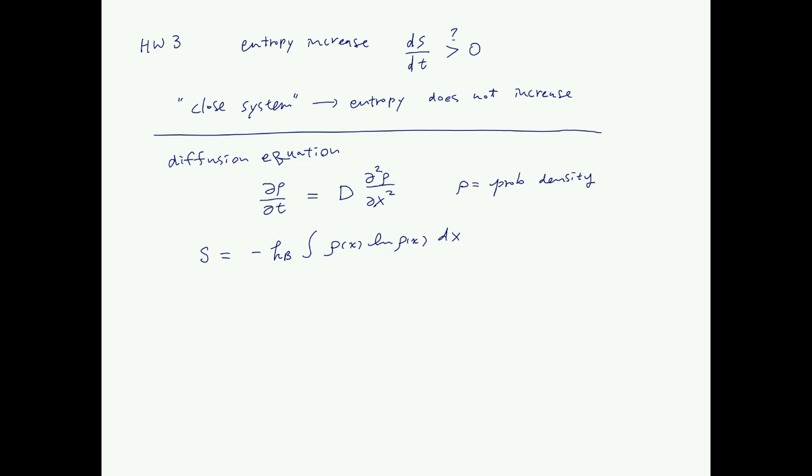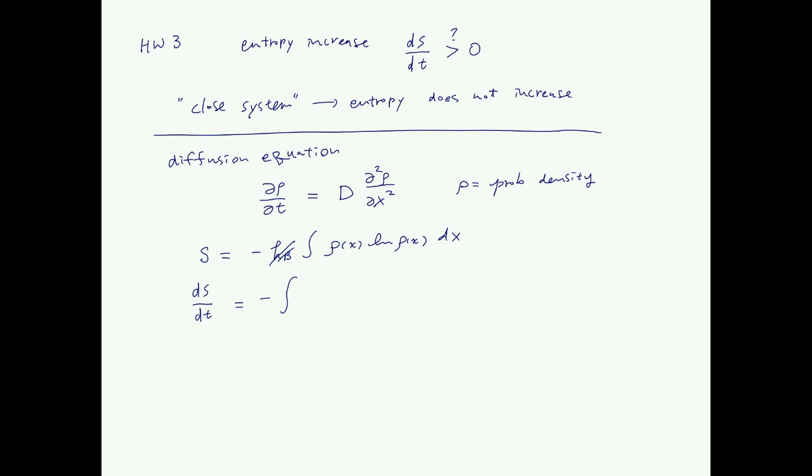So now we can plug into this equation to check what's the time derivative of the entropy. By definition, we can forget about the Boltzmann constant, since it's just a constant; we are basically just checking the sign of this equation.